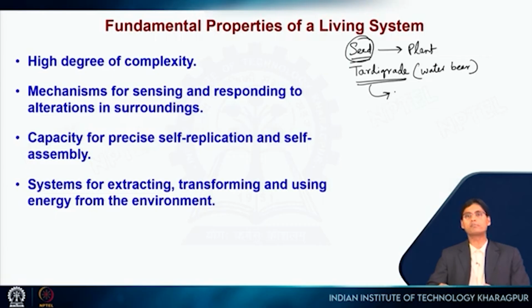But those foods are again utilized by us, animals and many other organisms. So, living entities have systems for extracting, transforming and using energy from the environment. And then, the ability to evolve. This is a very important thing. Living systems can evolve over time.